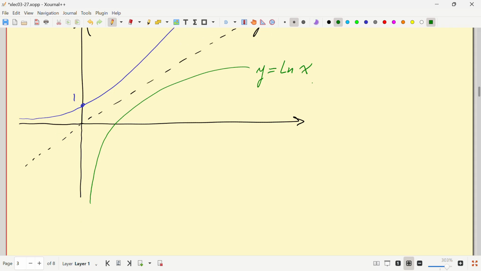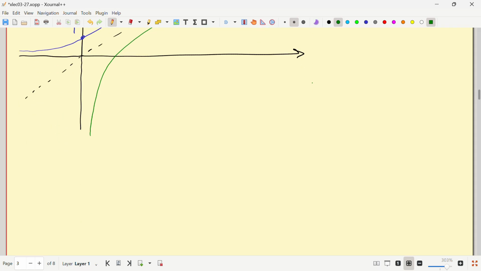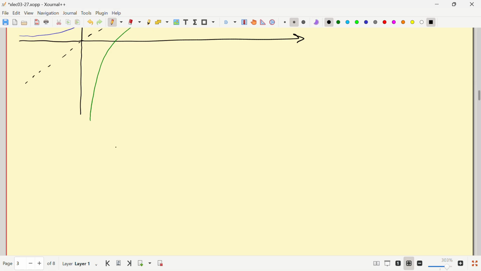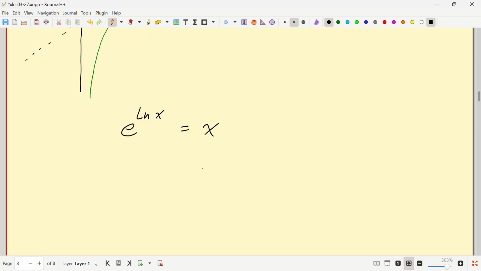Anyway, now you can do things like calculate the derivative of the log function without doing anything. Namely, because you know that e to the log of x is equal to x. So when I differentiate that and use the chain rule, the derivative of e to the something is e to the something.